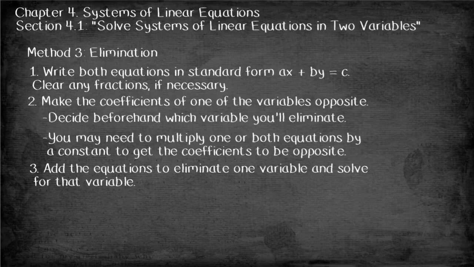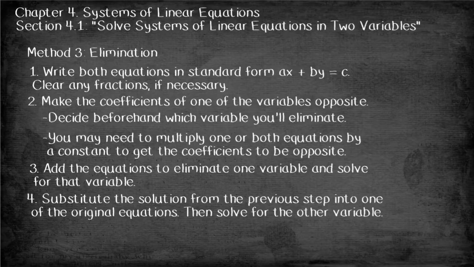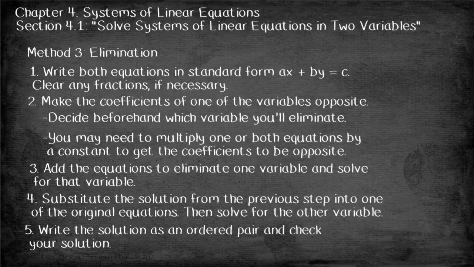Once you've gotten there, you just add the equations to eliminate that variable and solve. After you've solved for that one variable, you substitute the solution from the previous step into one of the original equations. Then you can solve for the other variable. Lastly, you want to write your solution as an ordered pair, and of course check your solution.